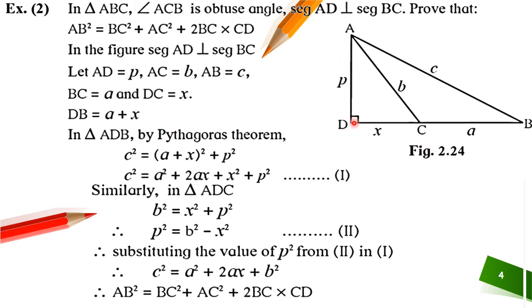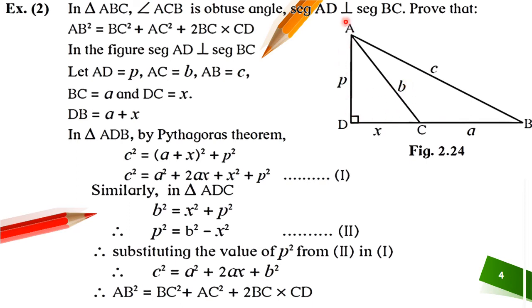The same thing is done over here, and the naming is like this: opposite to angle C, this is named as small letter c, opposite to angle A, this side is named as small letter a, and opposite to B, this is named as small letter b.